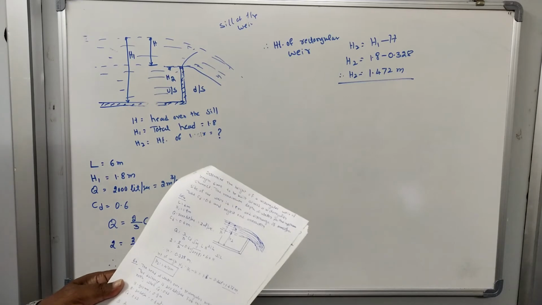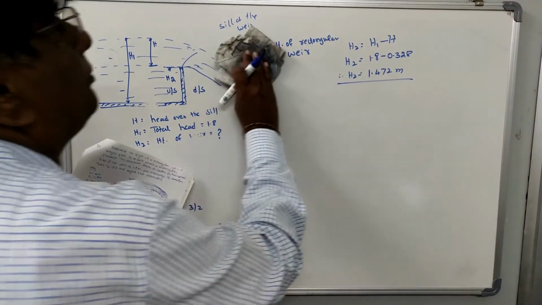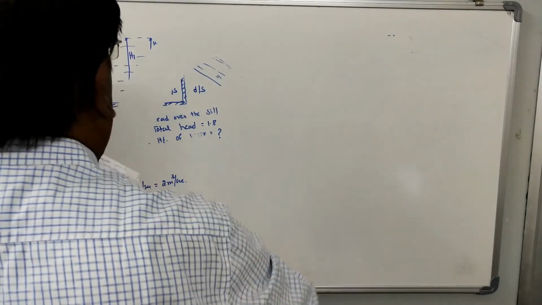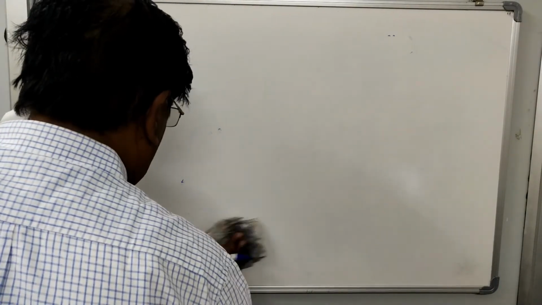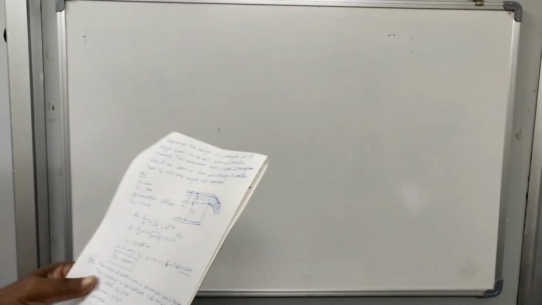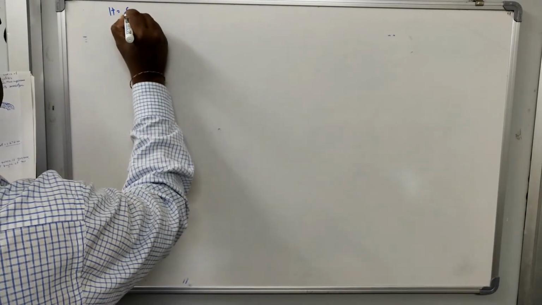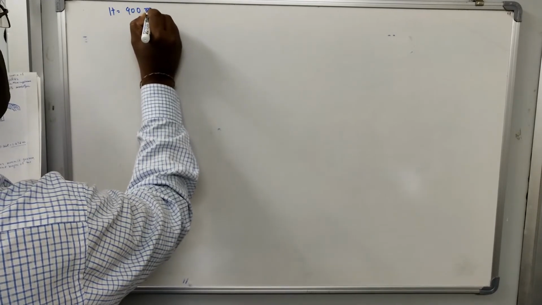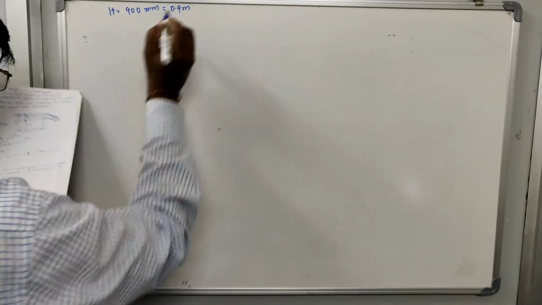So let us take another problem, the second numerical problem. First I will read the problem, then I will solve it. This is also a simple problem. A head of water over the rectangular notch is 900 mm, that is, H is equal to 900 mm, or 0.9 meter.